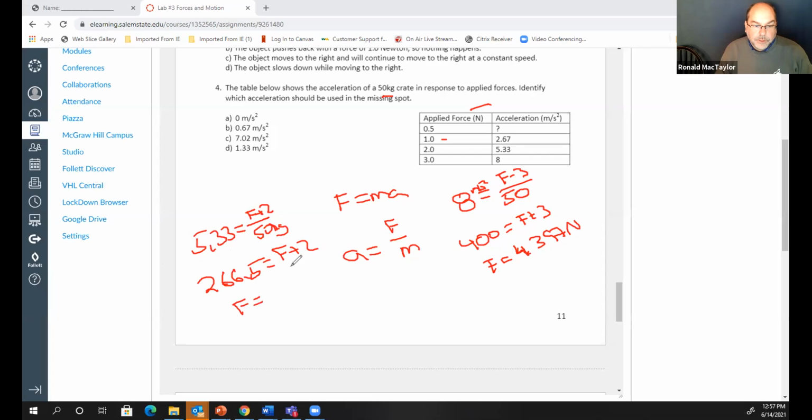So the force would equal 264.5. Those are different. Something looks really messed up about this, and I'm missing it right now.